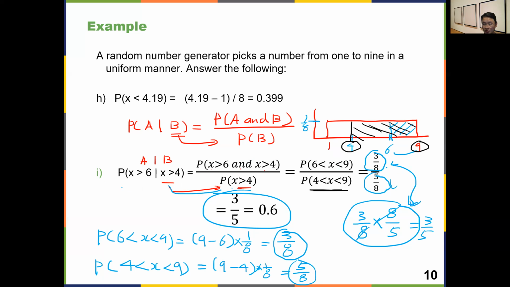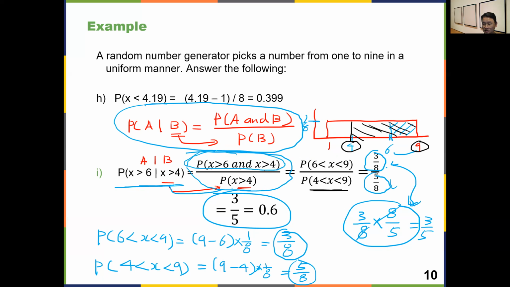So, conditional probability. Using the old conditional probability formula, we rewrite this in this form. And then with the help of the graph, we figure out what the top really means. That really means between 6 and 9.